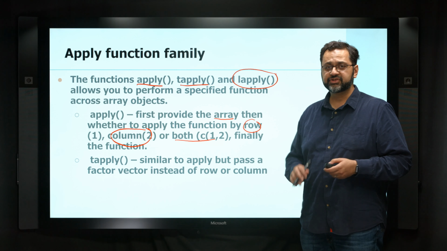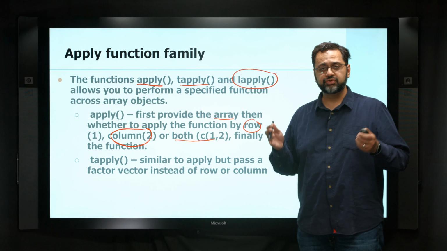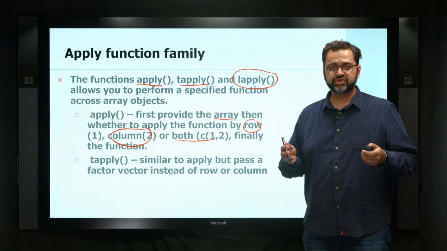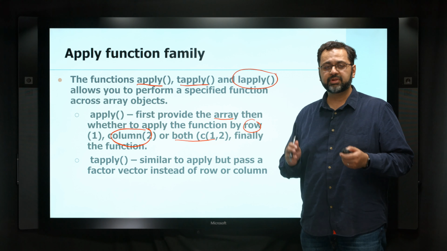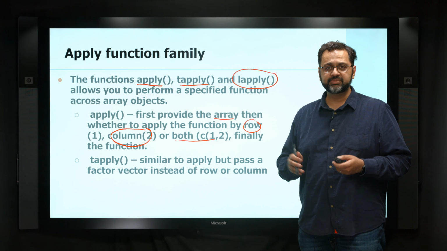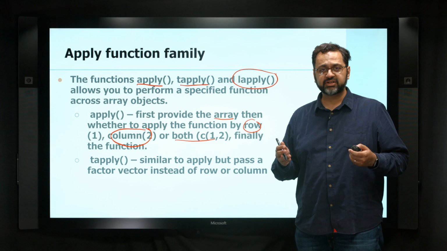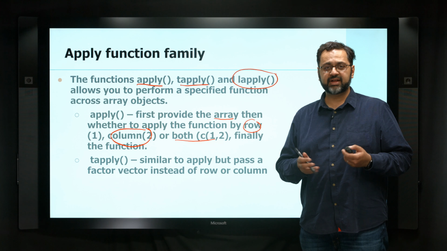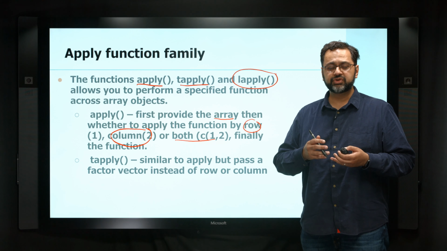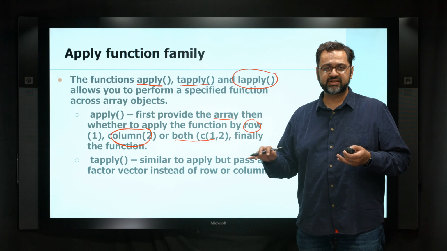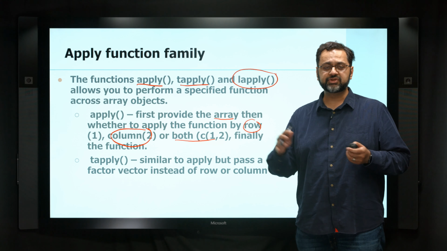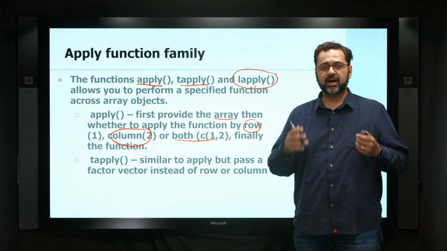The tapply is related. Again, the idea is to apply a function, but in this case, we're going to apply it not based on rows and columns. It's going to be based on groupings. So remember we talked about factors last module, of how we can use it to group together our data sets. So maybe we can assign groupings to our data sets and perform operations.